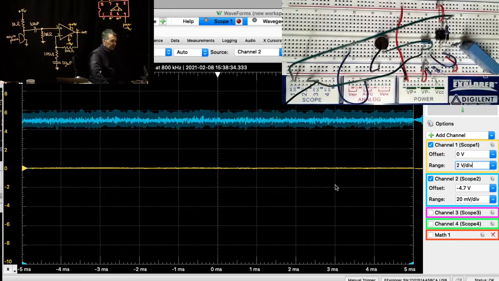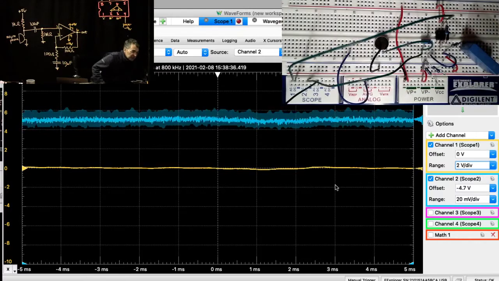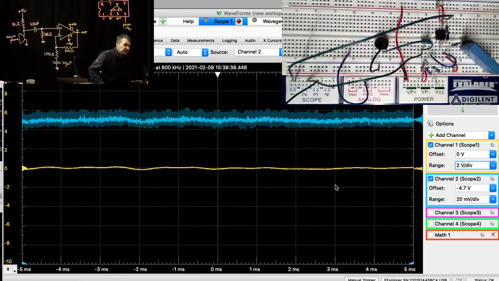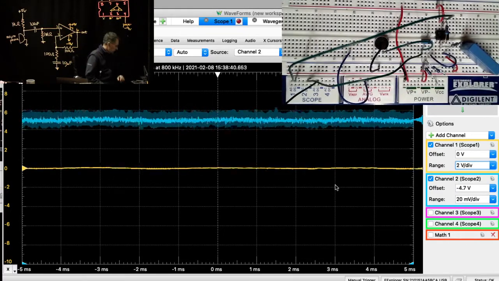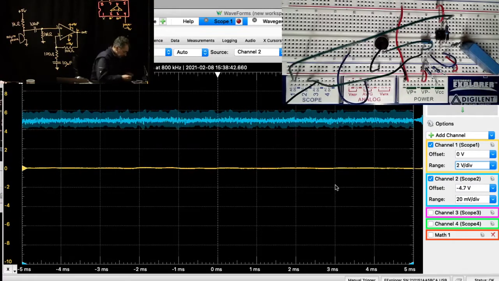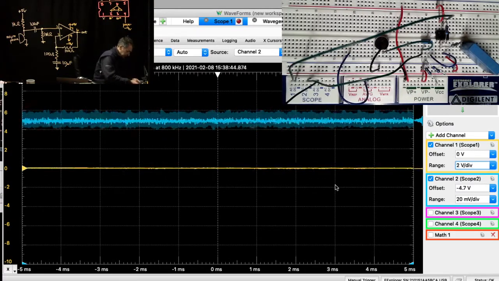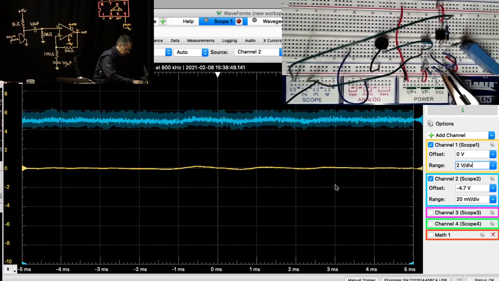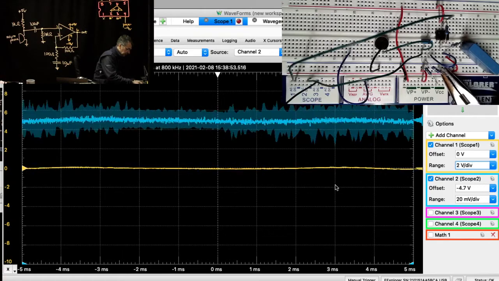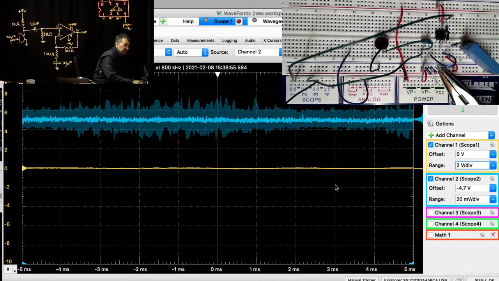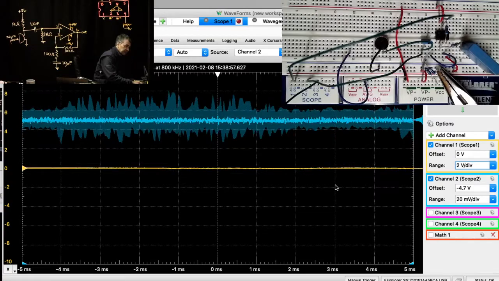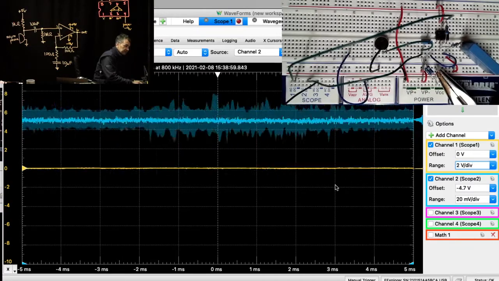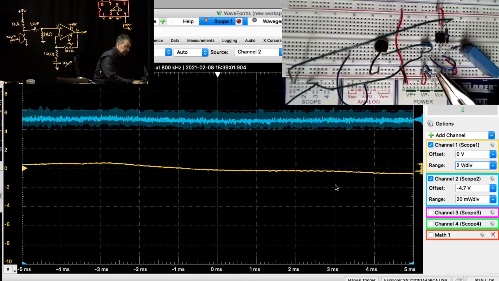So I've gone to the plus or minus 10 volt scale here on channel 1, and I'm going to reach in and temporarily remove that 1 megaohm resistor. I think on the time scale of a few seconds, you're going to see it go to the power supply rail. Let's see how that works out.